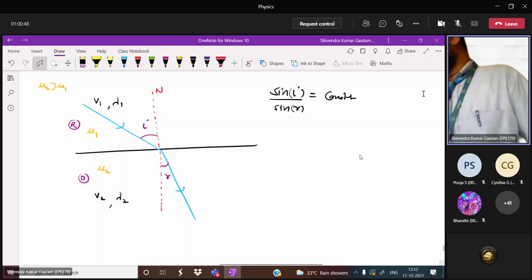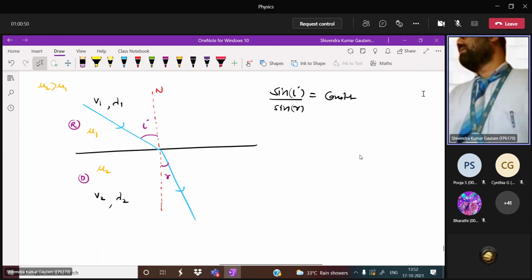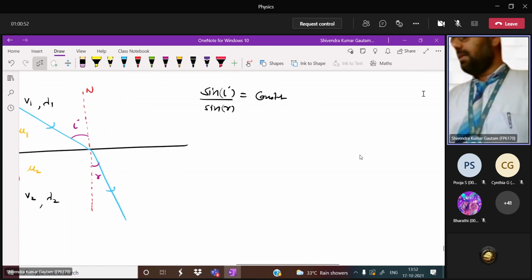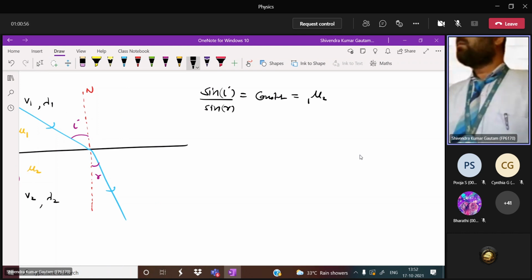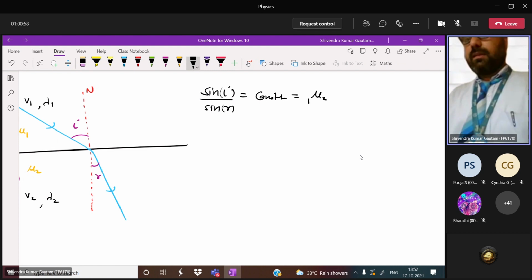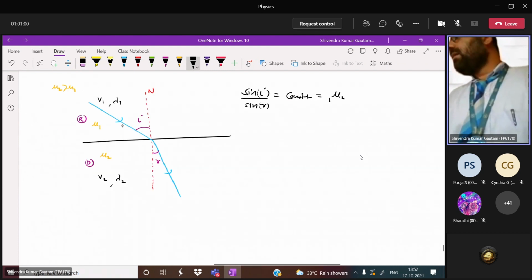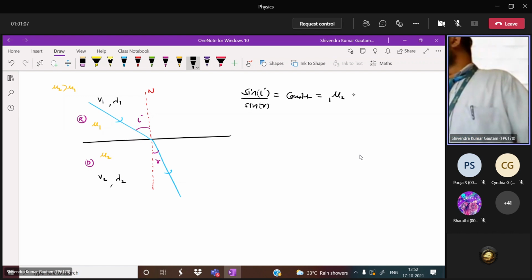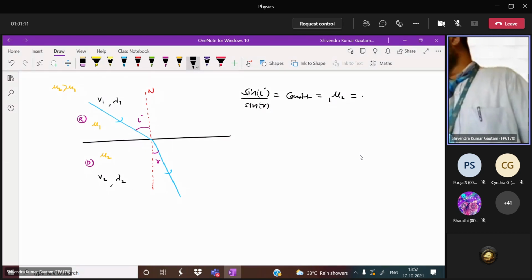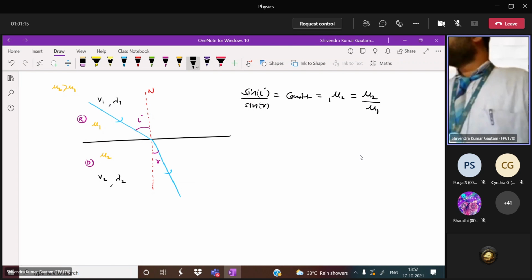This constant we call the relative refractive index, mu21. Here the ray is incident in the first medium and refracted in the second medium. So in mu21, the second is the medium where refraction is taking place, and the first is where incidence takes place.